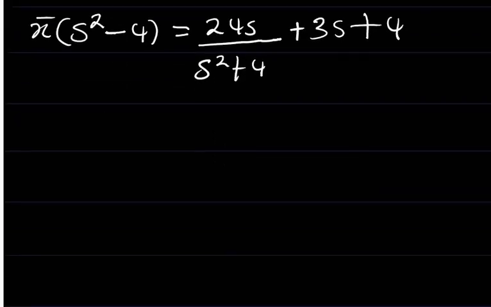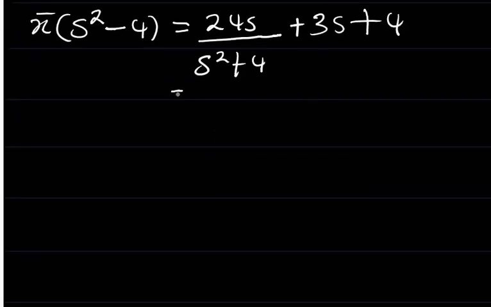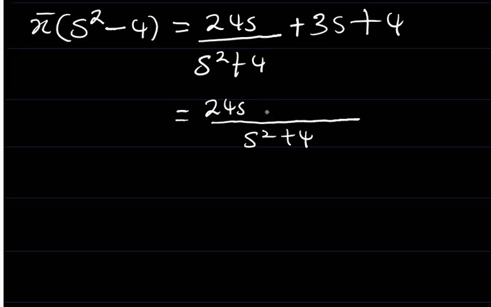All right. So let's simplify that fraction on the right hand side. The LCM is s² plus 4. So here I'm having 24s plus 3s into s² plus 4.